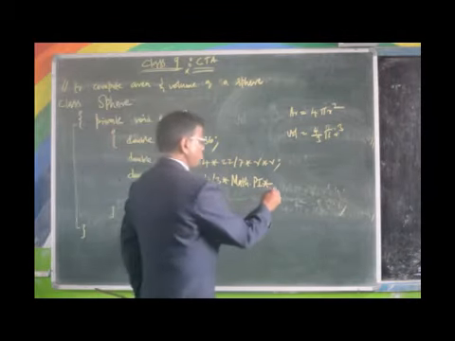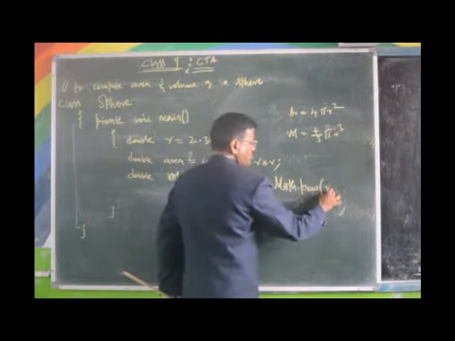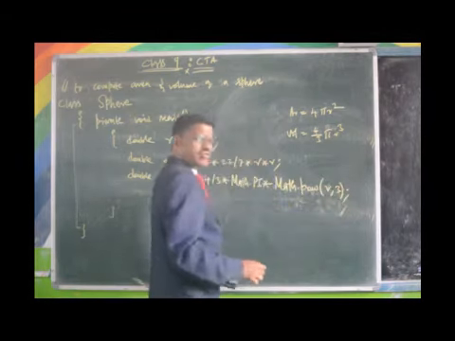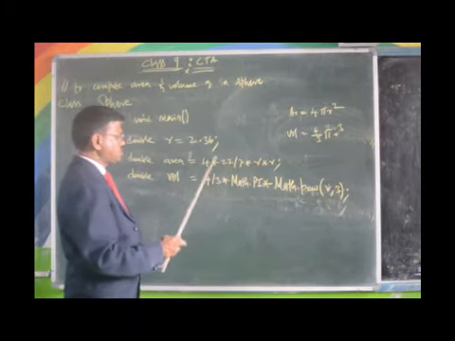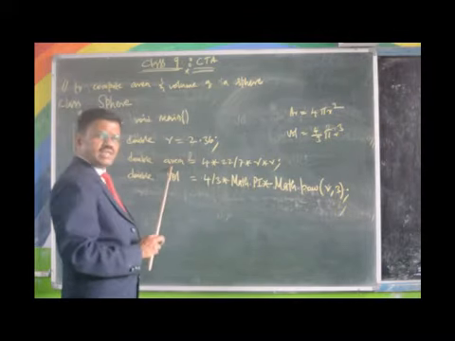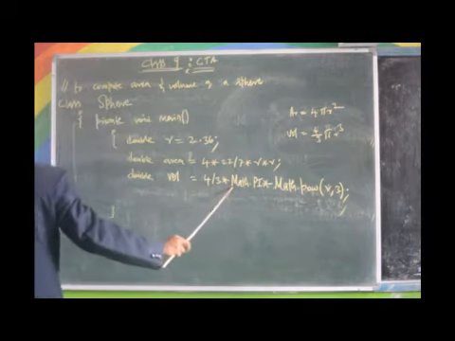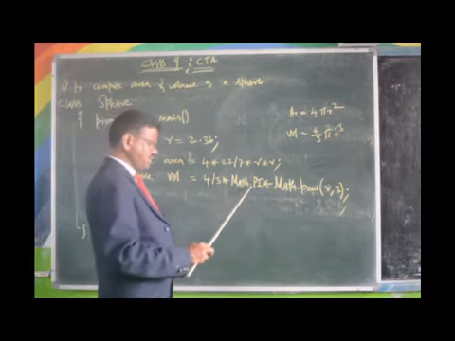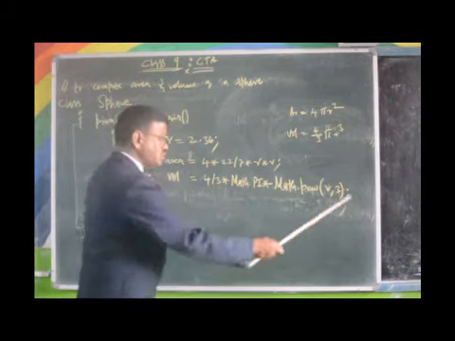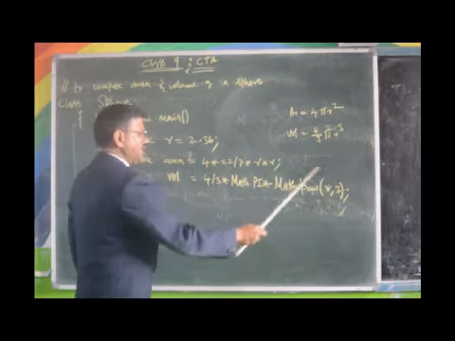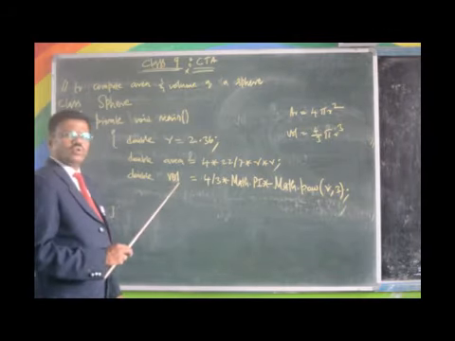Instead of writing this, what I can do is math.pow r comma 3. See, 2.36 into 2.36 into 22/7 into 4, it will simplify, whose answer will be stored in area. 4 by 3 into 22/7 into 2.36 into 2.36 into 2.36. Whatever may be the calculations, it will calculate, whose final answer will be stored in volume.